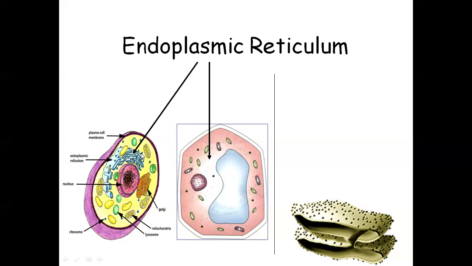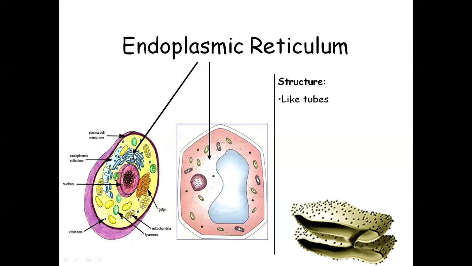Next organelle is the endoplasmic reticulum. This is the rough structure because it has many ribosomes attached. Okay, so it will be tube-like, and it is also called a skeletal system of the cell. For each and every cell, it should get a support. So inside the cell, they have a network. Reticulum means network-like structure.